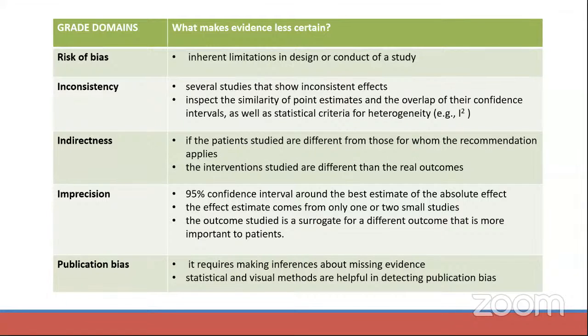An example is I-square. When it comes to indirectness of findings, the patients studied may be different from those for whom the recommendation applies. For example, if you're looking at an intervention for individuals with knee osteoarthritis, you cannot extrapolate and generalize the findings to patients with knee problems following rheumatoid arthritis.